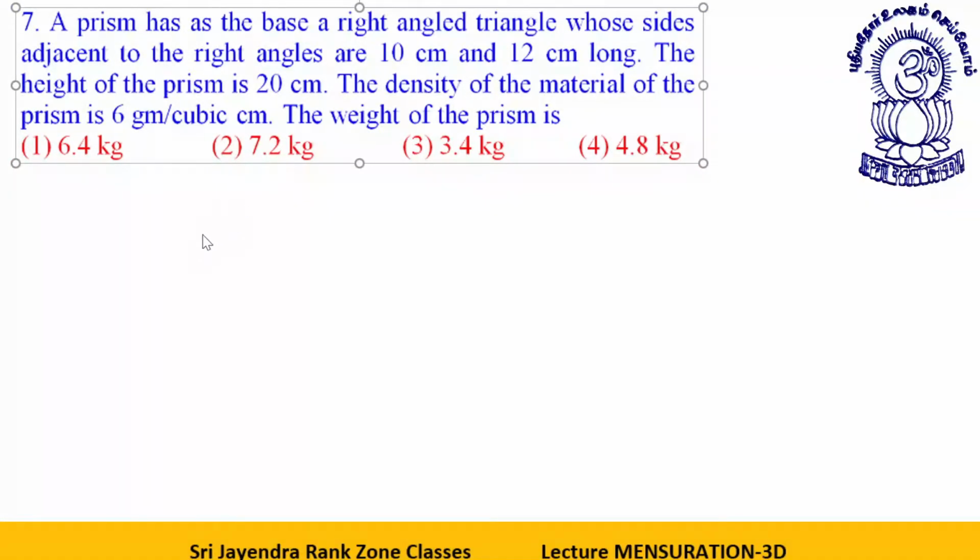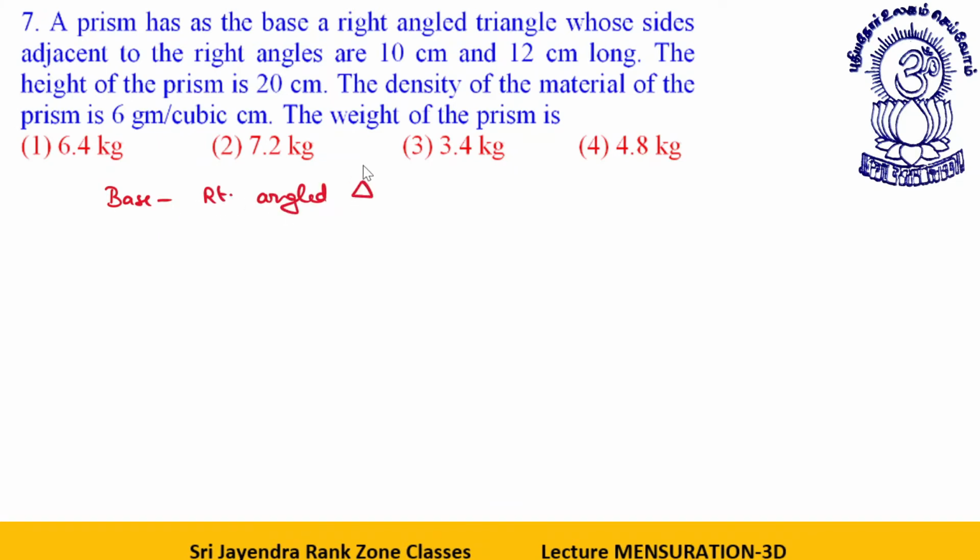A prism has the base a right angle triangle whose sides adjacent to the right angle are 10 and 12. Base is a right angled triangle like this, whose sides are 10 and 12. So this way base area is half into 10 into 12.